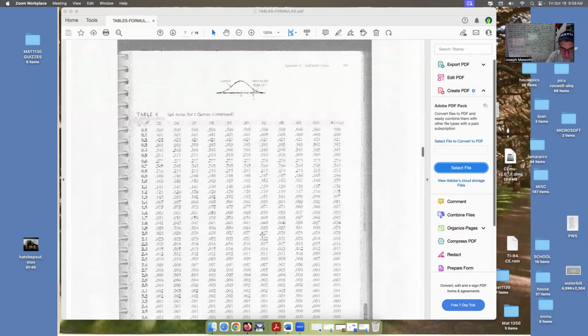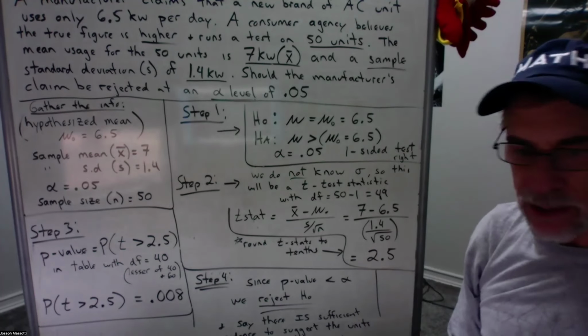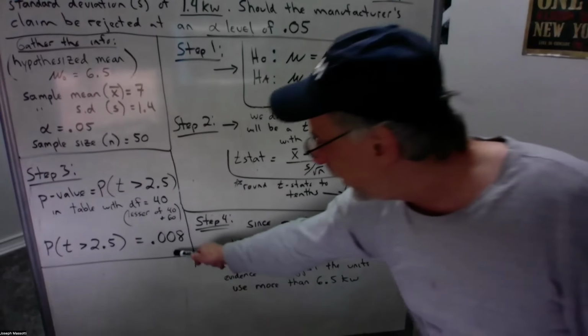I think you can make out all these numbers, and you can see the progression. They get larger at 0.5, and then they keep getting smaller and smaller. So 2.5 under 40 degrees of freedom gives us our p-value of 0.008. All right, so that's the number we have here.